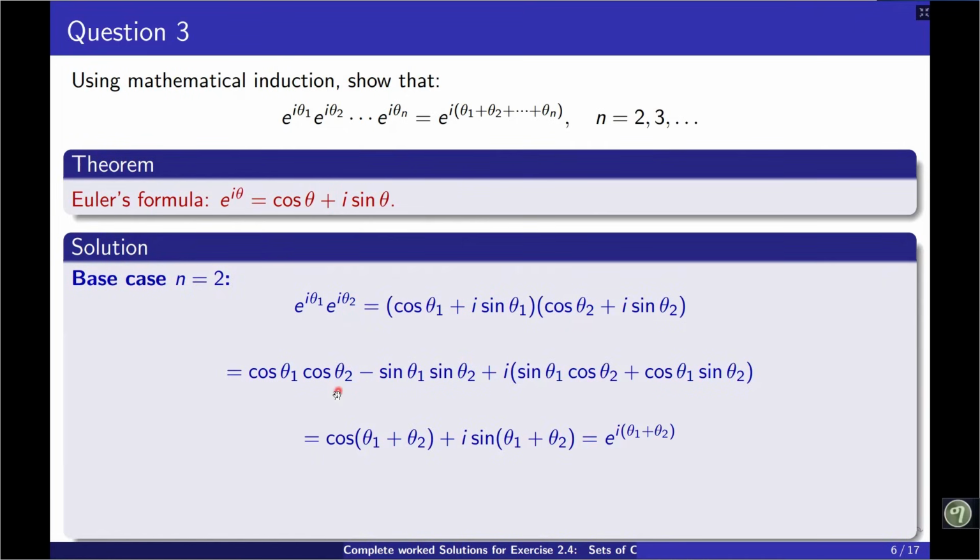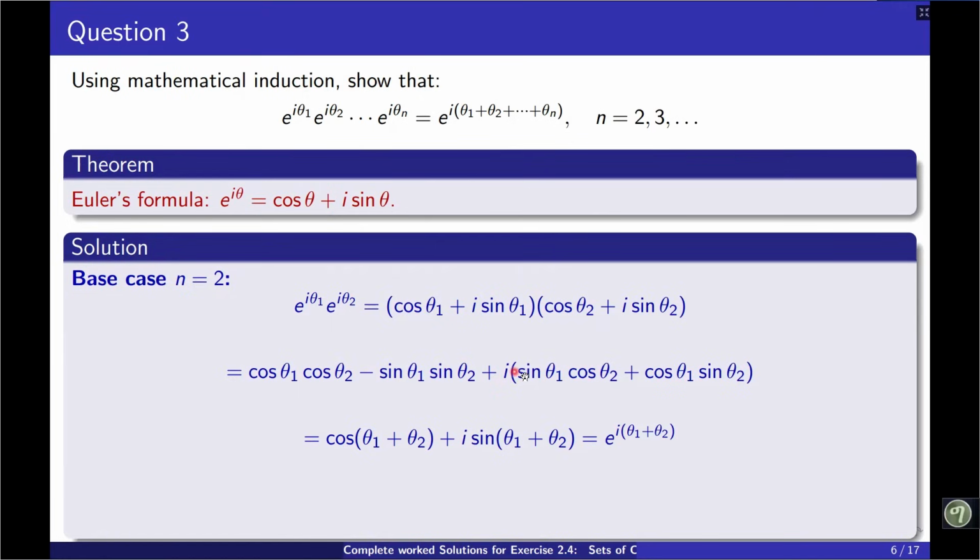And then collecting terms that can be combined together, we have cosine of theta 1 plus theta 2. That means we have cos theta 1 cos theta 2 and sine theta 1 times sine theta 2 could be combined to be simply cosine of theta 1 plus theta 2 by using the double angle formula.